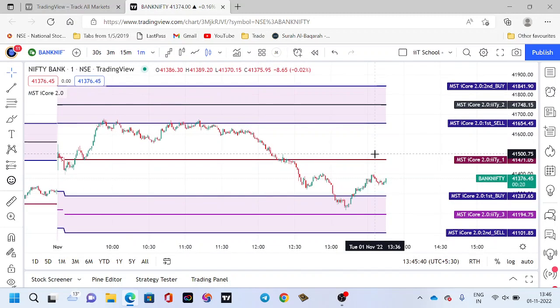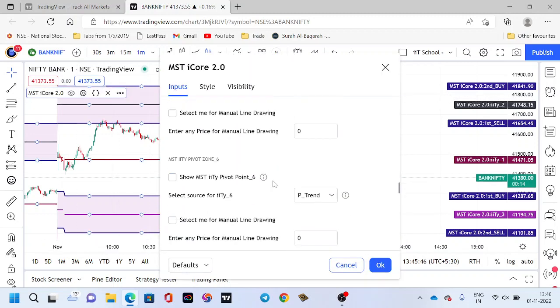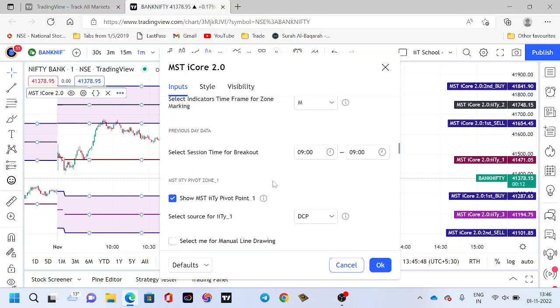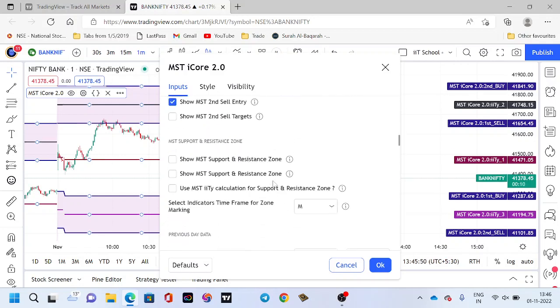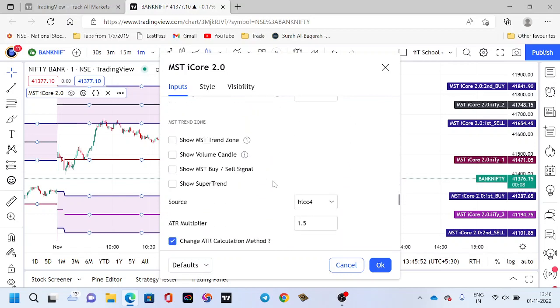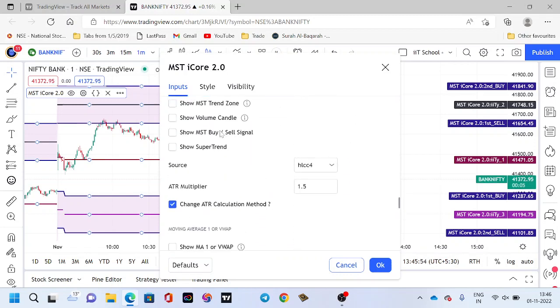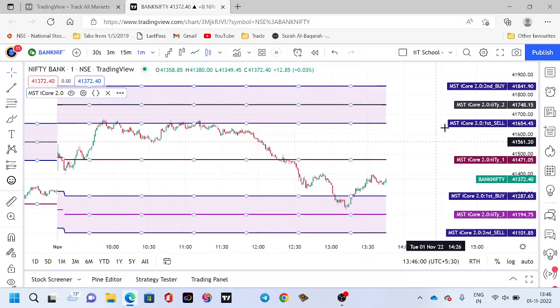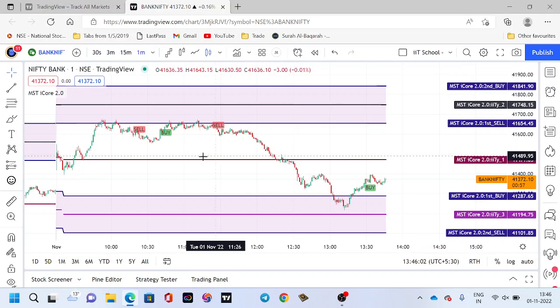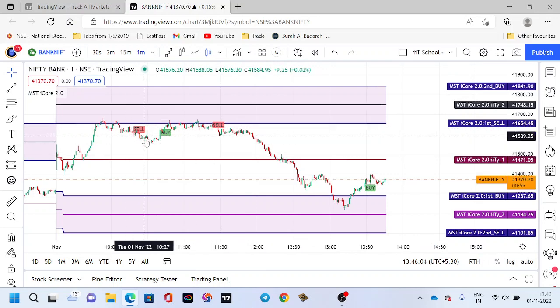It is very simple. In addition, what we have given in the indicator, if we go down here, it is trend. We have given this MST buy and sell signal, and volume candle also. See here, we have got one sell entry, small profit, and another buy entry.